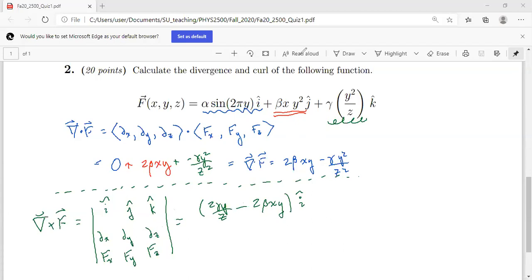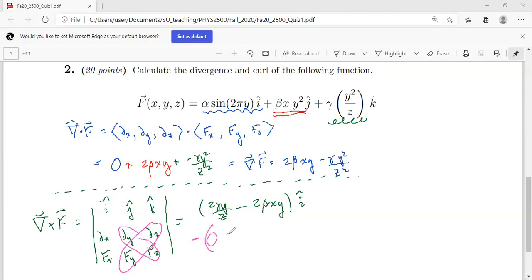So that minus that. And then big overall minus for the y part. So the j hat component, that's partial, the z component, partial derivative with respect to x, nothing there. Something's working out for me at least.